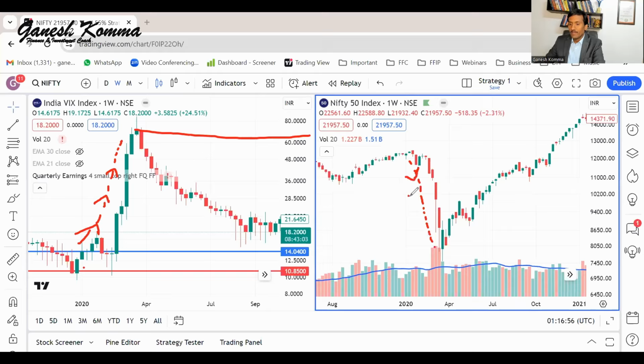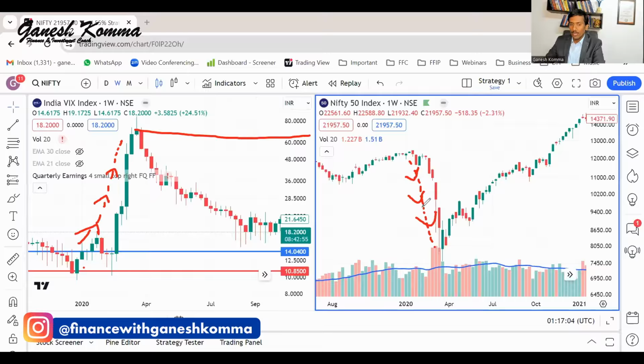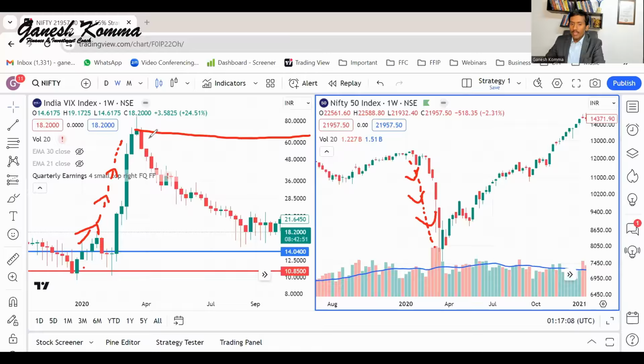So what did we just study? India VIX and Nifty 50 are inversely correlated.